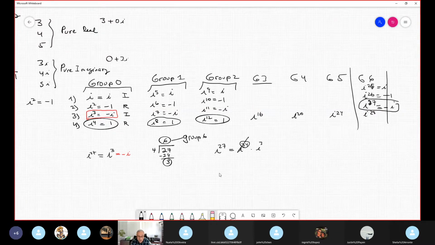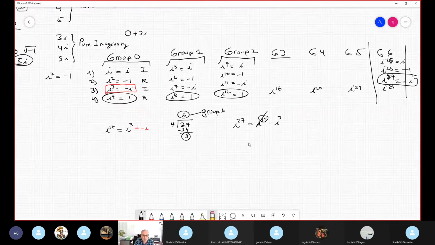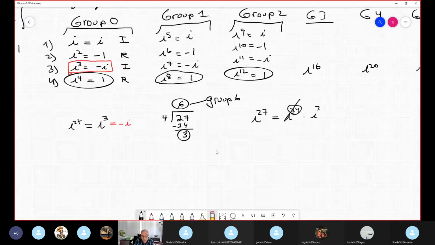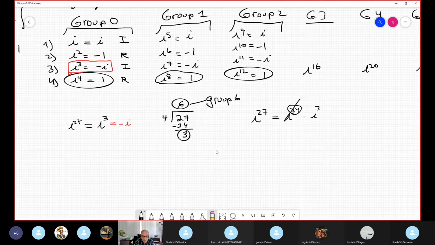Okay, so what is the shortcut to do in 1 second? You divide by 4, by hand, no calculator, because in the calculator you get decimals. You have two numbers, quotient and remainder. And the remainder is the information that we need.